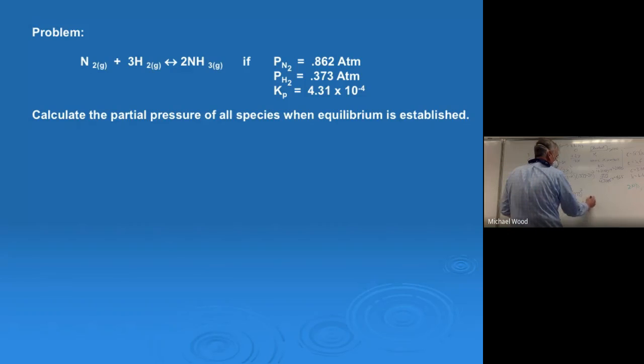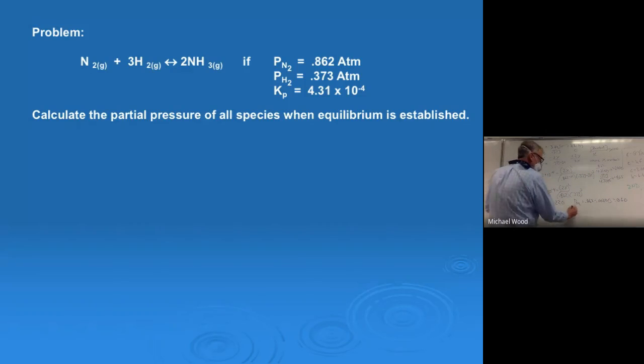And this is why we can ignore X. So I have 0.862 minus X, and you can see that X is so small. 0.862 minus 0.002, so I'm going to go 0.860. Got to go to the 100th.